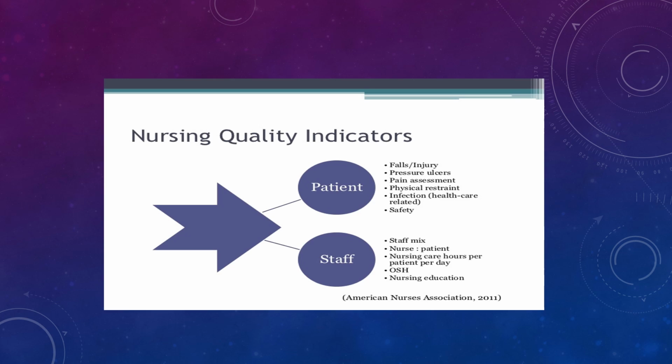So we look at different indicators for the patient, and the healthcare system also looks at indicators for the staff that can affect quality. How is the patient-nurse ratio? You don't want to work for a hospital that has an 8 patient to 1 nurse ratio on a step-down unit or a high acuity unit.